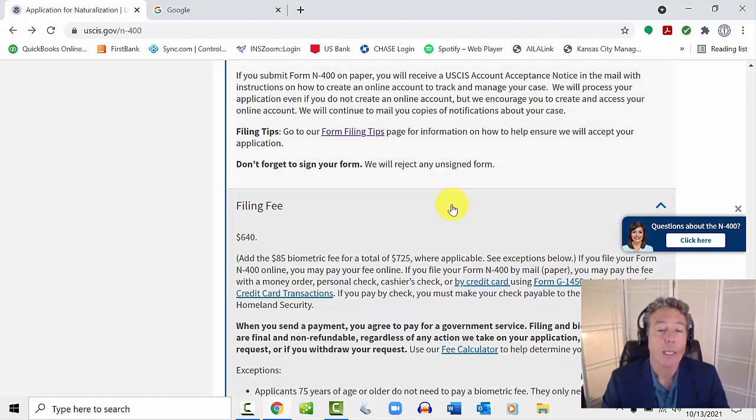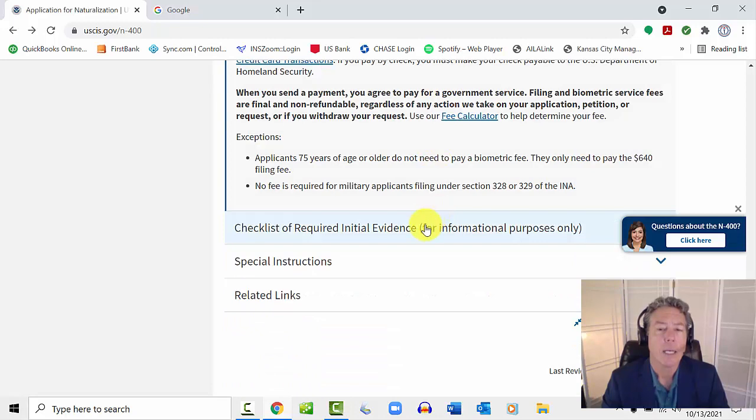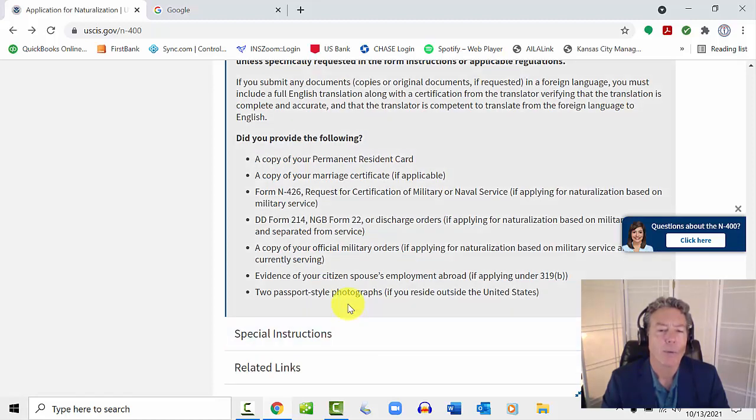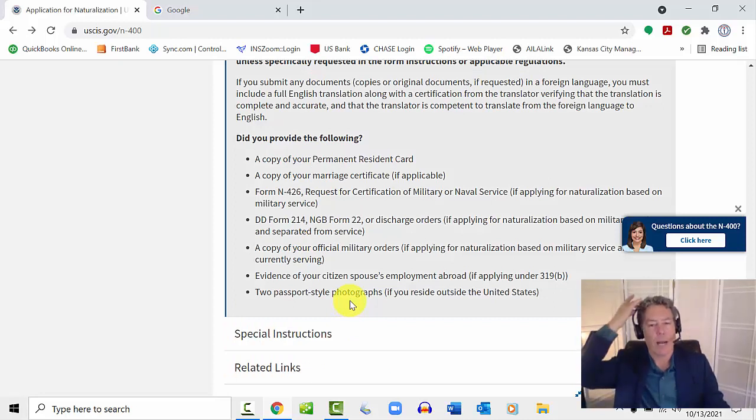Filing fee, we've already looked at this. The filing fee, checklist of required information, little quickie here: permanent resident card, marriage certificate, military exemption, military orders, citizen spouse employment abroad, 2 passport style photographs if you reside outside the United States. I put them in anyway. I don't trust this.